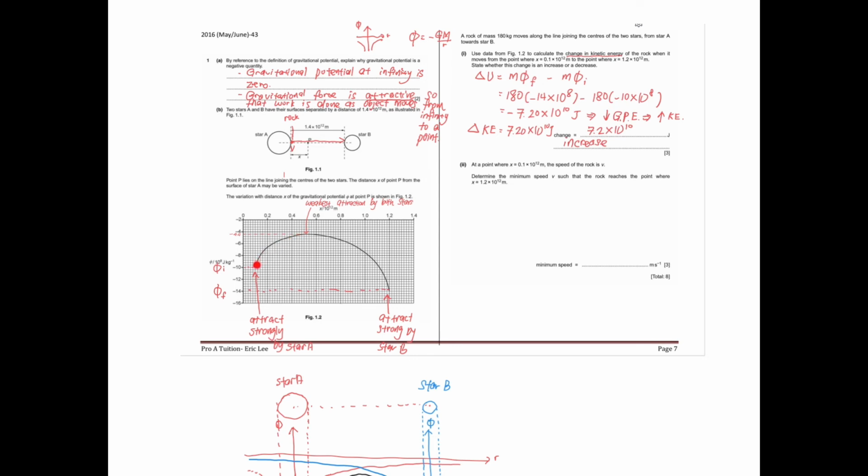We just want the rock to have just enough energy, just enough kinetic energy to reach this point.